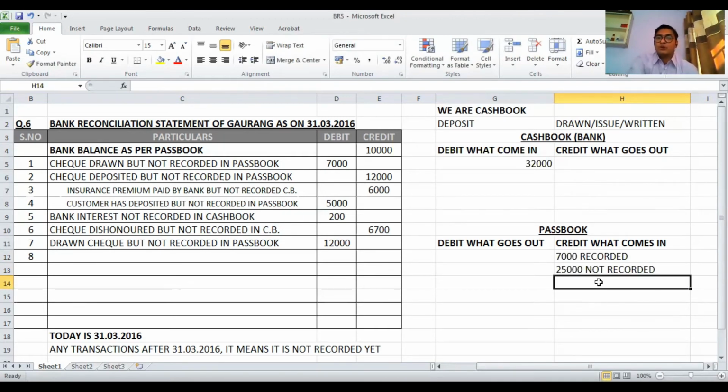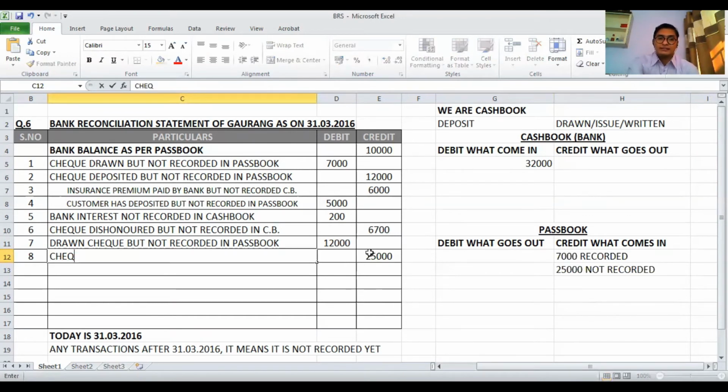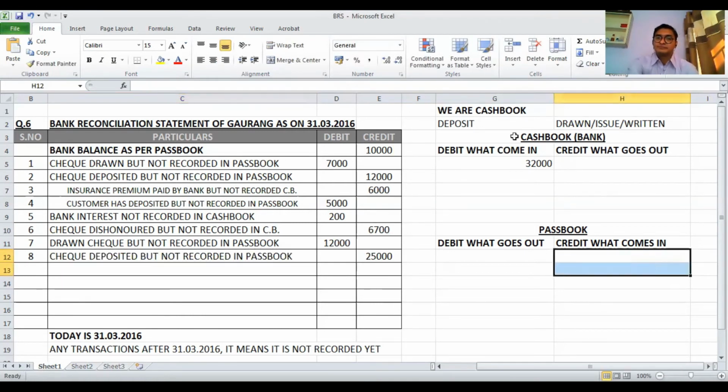So now our duty is to record what the passbook has not recorded, means on the credit side of BRS an amount of 25,000, that is for check deposited but not recorded in passbook. Simple.